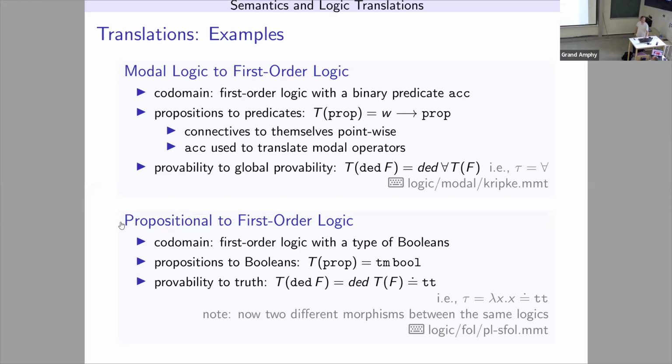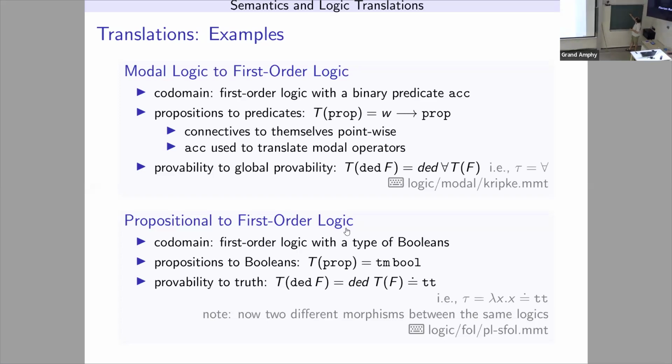Let's do another example of a translation. Here's the semantics of propositional logic in first order logic. So this is not just the inclusion. We already have an inclusion here, of course, but that's going to be incidental. What we're actually interested in is the semantics that maps propositions to Booleans.